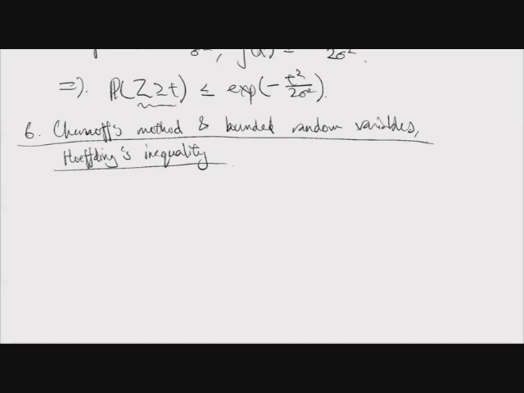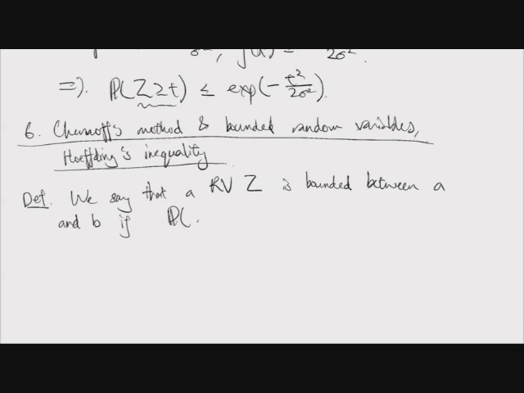All right. So how do we apply Chernoff's method to bounded random variables? First I need a definition. We say that a random variable z is bounded between two values, a and b, if all the mass of the distribution lies between these two numbers.